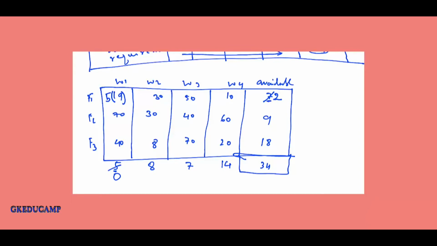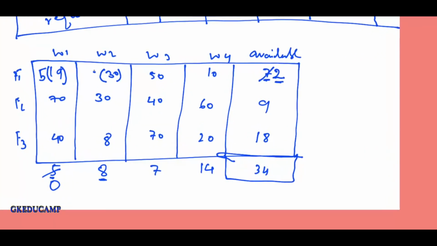Again come to the next one, because we have another 2 remaining, so we have to solve this row. We come to 30 and allocate. Here we have 2 availability and 8 requirement, so 2 is the minimum. Allocate 2 first and it will become 0, and here you will get the remainder of 6.